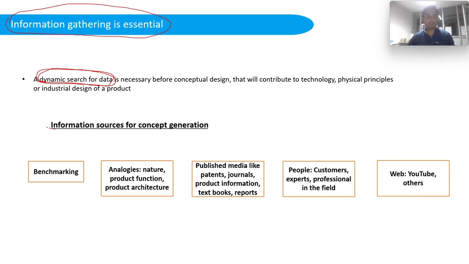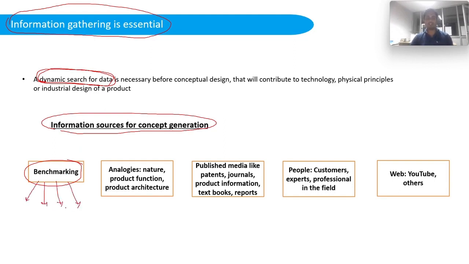There are various sources of information that one can consider for collecting this information. One way can be benchmarking. Whenever there is an existing product that you want to modify, or you want to create a new product based on an existing product, you can do benchmarking.